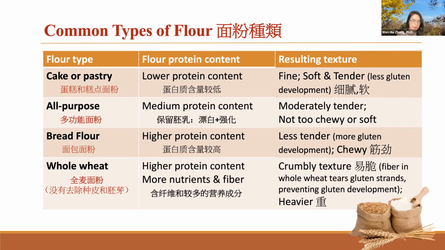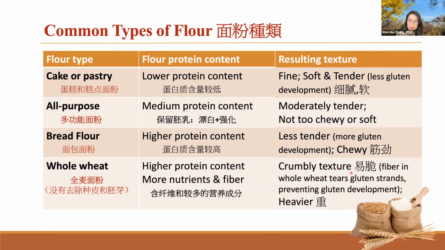A whole grain flour has high protein content, and it also has more nutrients and fiber. But when we use whole wheat flour to make bread, the bread has a crumbly texture because the fiber cuts the gluten, breaking down the gluten strands.